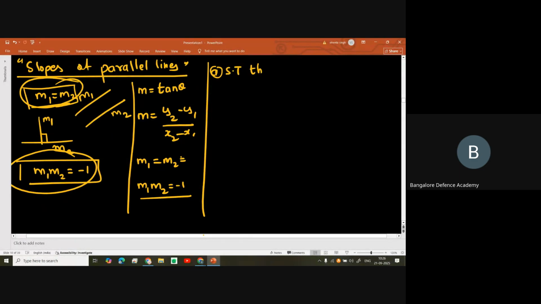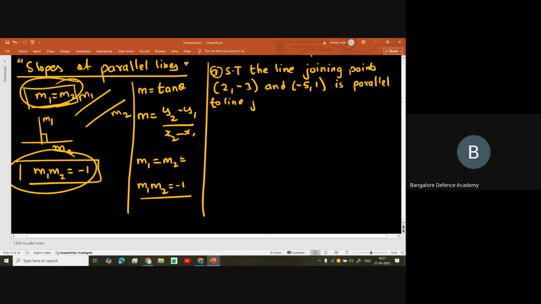Show that the line joining the points 2 comma minus 3 and minus 5 comma 1 is parallel to the line joining 7 comma minus 1 and 0 comma 3. Please don't tell the answers. I'll be asking individually. Don't jump in to tell the answers.